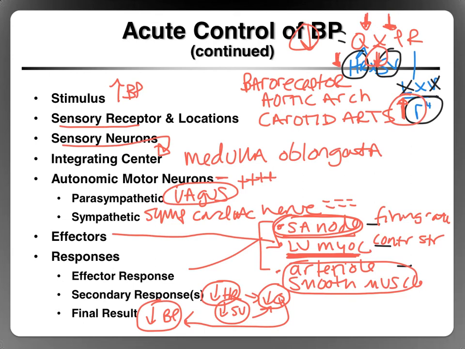And in order to get the arterioles to relax, we are going to pull back some of those sympathetic action potentials. By sending less sympathetic cardiac nerve output, the arterial smooth muscle is going to relax.